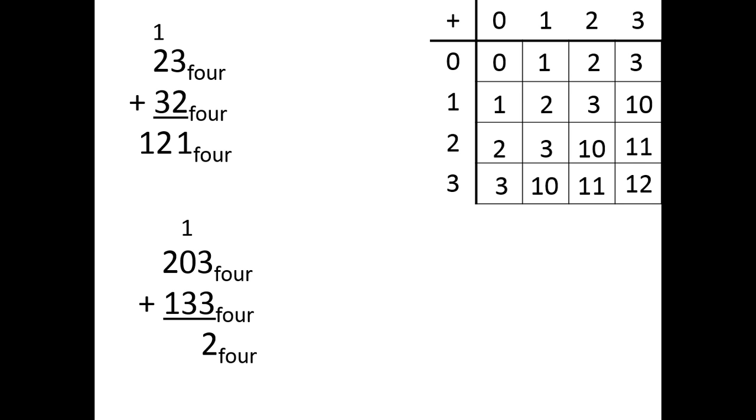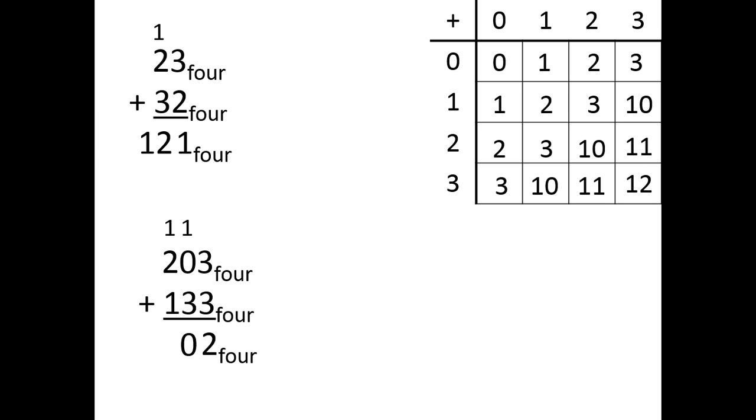1 plus 0 plus 3, in base 10 that would be 4, but in base 4, 4 is actually 1, 0. So there's the 0, and there's the group of 1 group of 4. And then we're not in the 4s column anymore, we're in the 4 squareds column.